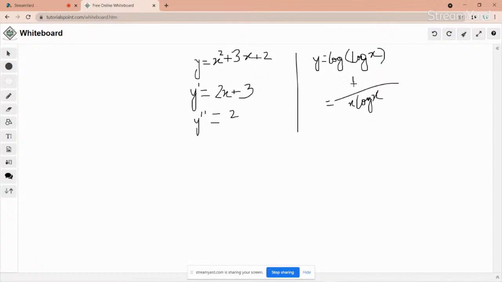So this is the first differentiation. The second differentiation, the second order derivative, we will now use the quotient rule. It will be x log x whole square.